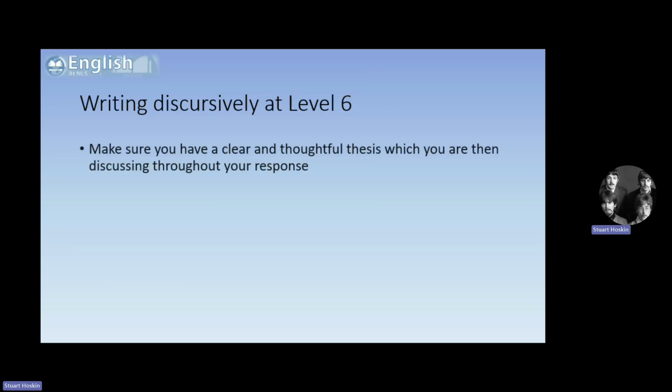There's lots of different ways to get to a level 6, but the one thing that will always be there is that sense of flow and development. The things that we can look at to do this is making sure that, primarily, first of all, we have a clear and thoughtful thesis, which you then continue to discuss throughout your response. Okay? That is very, very important and significant.